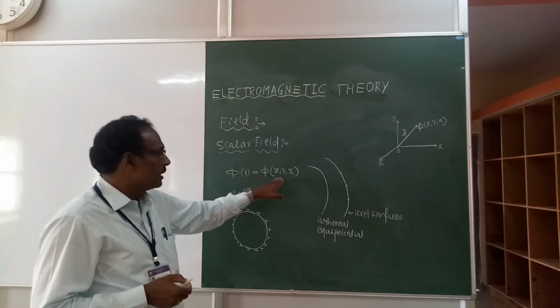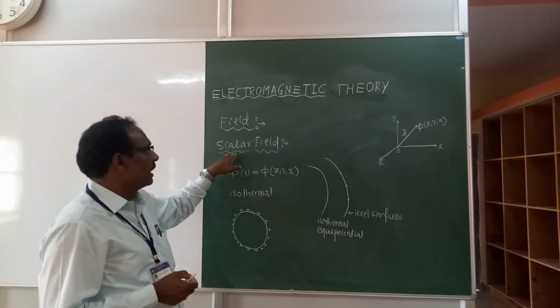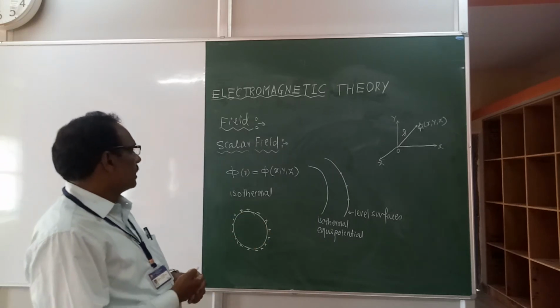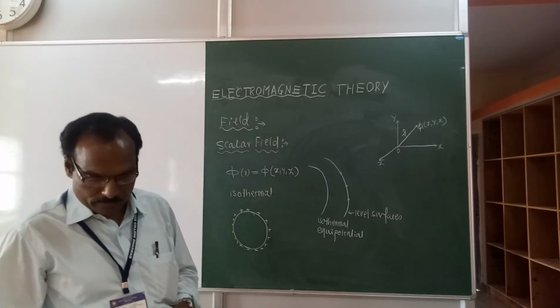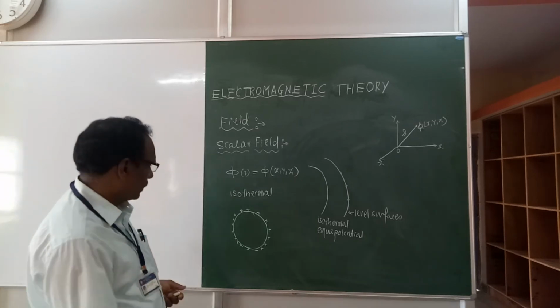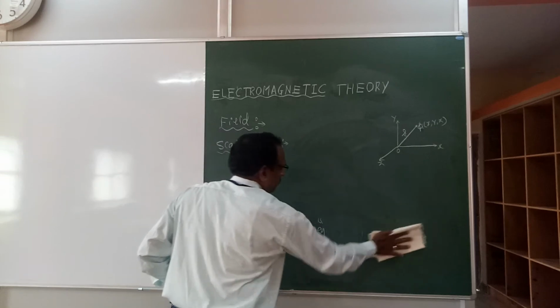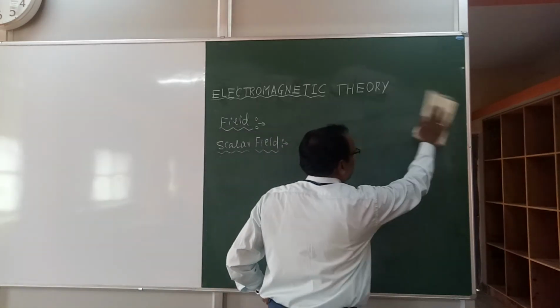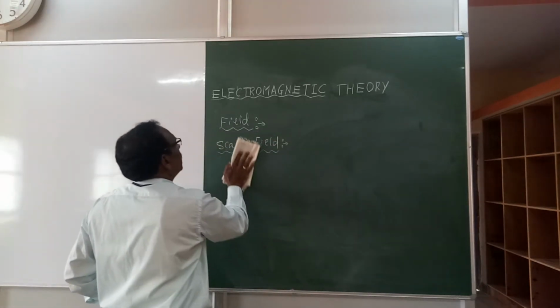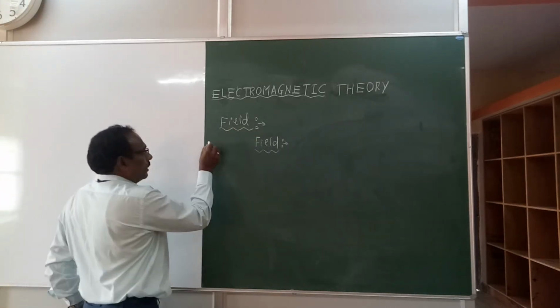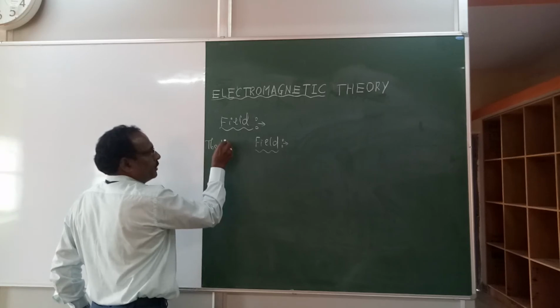Phi of x, y, z is represented as a scalar field. Let us go for a vector field. What is meant by a vector field and how is it represented? Let me write here the vector field.